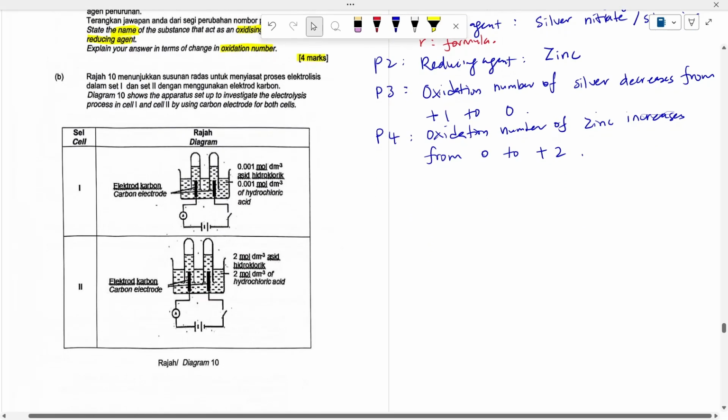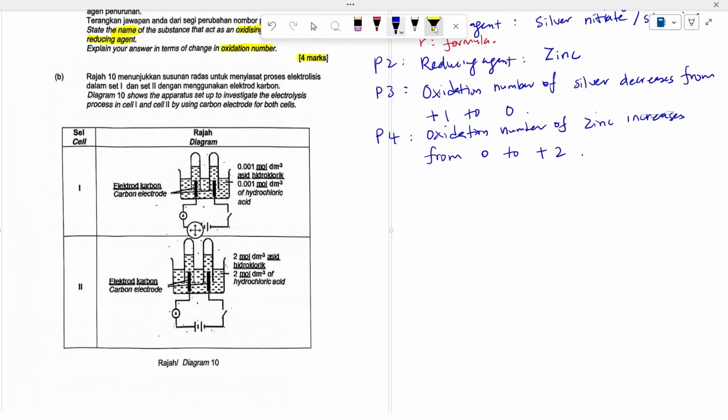Okay, the diagram shows apparatus to investigate the electrolysis of a process in cell 1 and cell 2 using carbon electrodes for both cells. So here we can see the electrolyte used is hydrochloric acid, concentration 0.01 mole per cubic decimeter.